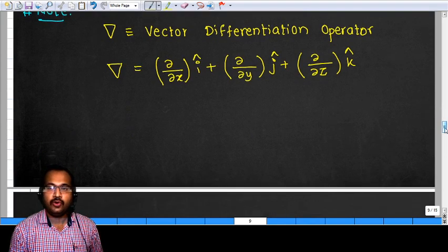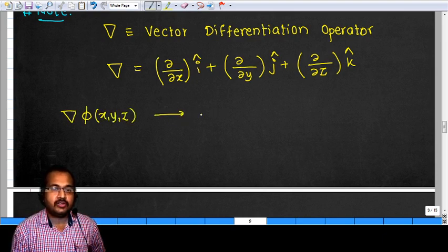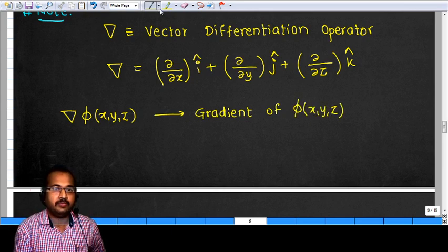Now, if you operate this vector differentiation operator on a scalar function phi with variables x, y, z, then this is known as the gradient of scalar function phi with respect to variables x, y, z.